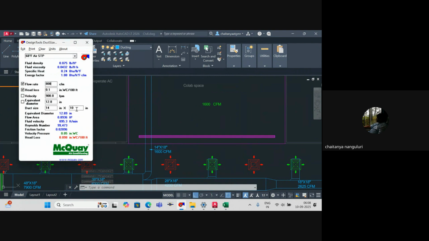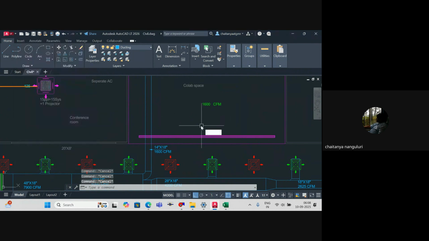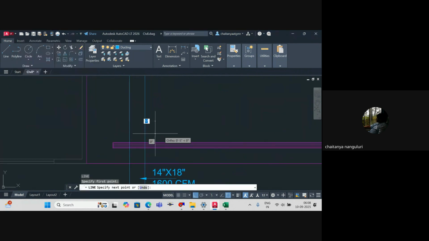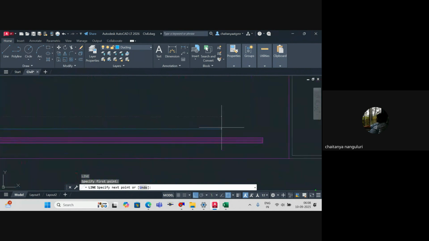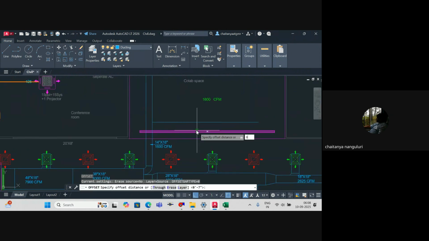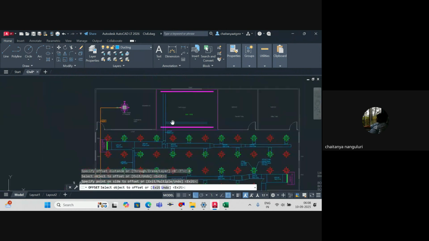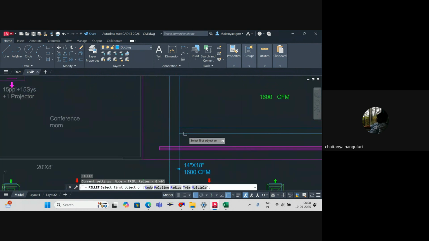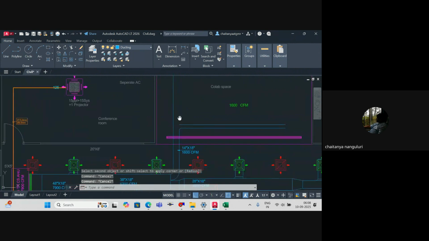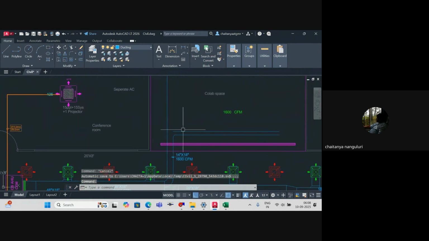So what I would like to do is take it as 800. Again that's 10 inches, that size is 18 inches anyway. So this I'll make as 8 inches. So this is again 8 inches, and then again offset 8 inches.